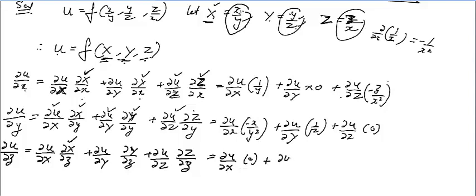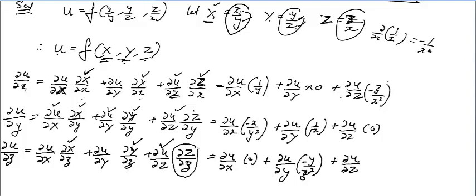So ∂u/∂Y, the derivative of Y with respect to z, will be minus y over z square. Now ∂u/∂Z, the derivative of Z with respect to z, will be 1 over x, correct. So you got all the things.